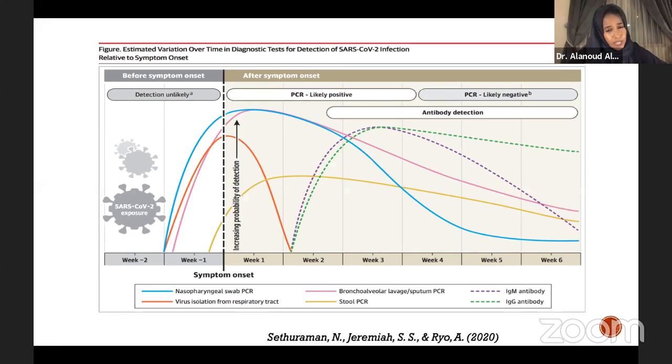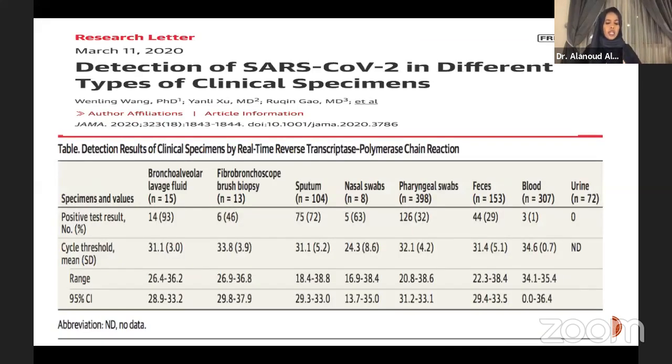However, the problem, that's why I said it's difficult to say it's a gold standard, because a gold standard screening test should have a high sensitivity, at least 95% and above. And this is a study done by the Chinese group in Wuhan City, where they studied 205 COVID-19 patients based on PCR. And here is a big limitation of this study, because the gold standard is the same test that they are using.